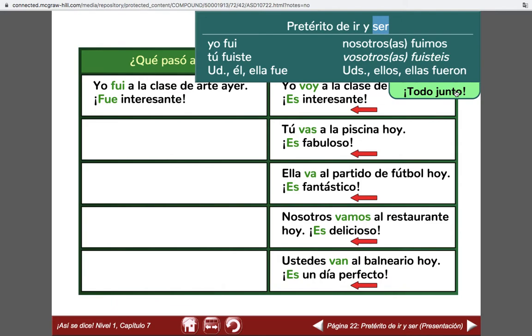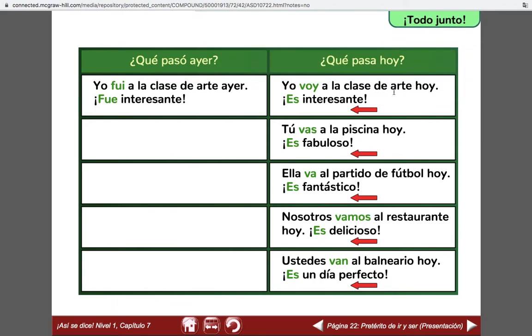So let's take a look at some examples. You have here the sentences that are in the present, stuff that you already understand. Yo voy a la clase de arte hoy, es interesante. And then you're going to replace that voy with fui, okay?